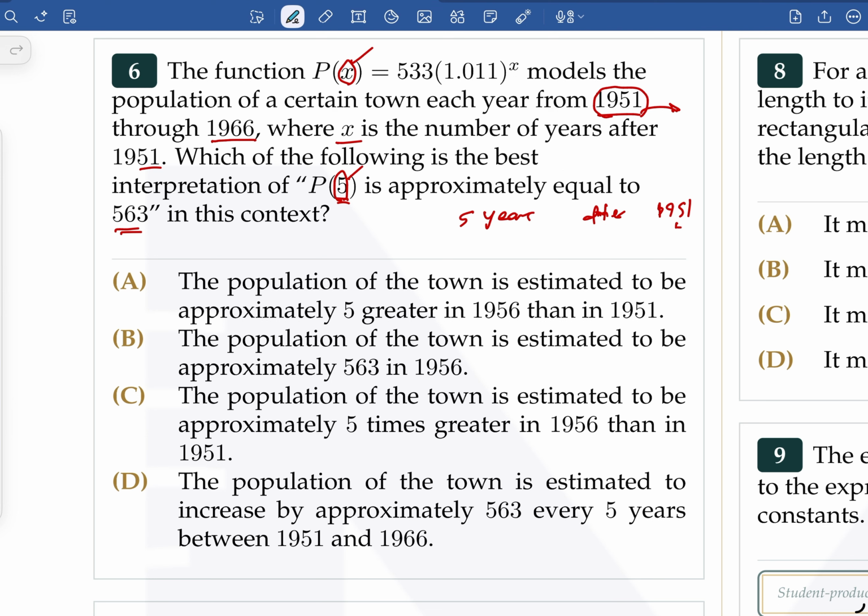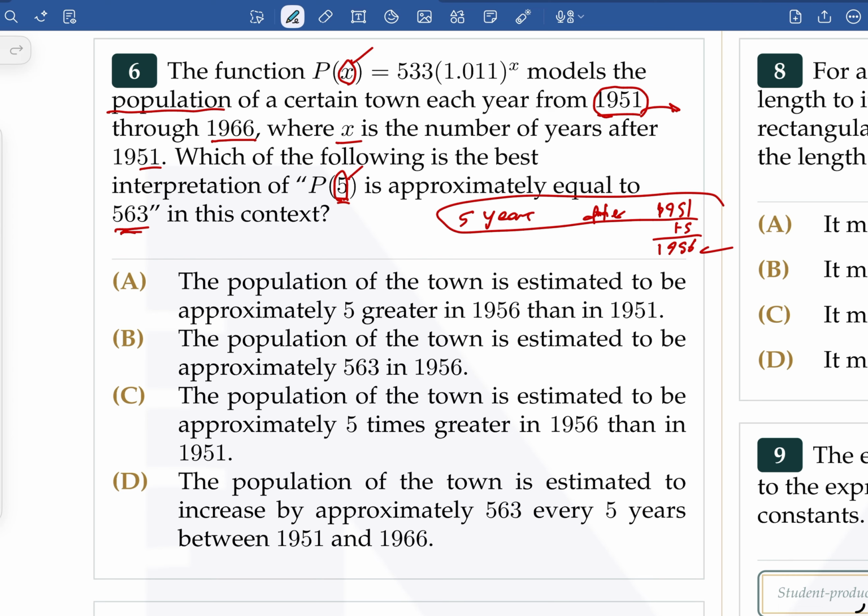It's 1951 plus 5, which means 1956. So maybe you can see this sentence, 5 years after 1951, or this one, which has the same meaning. And p is the population. The population is 563, because this is the population in number of people.